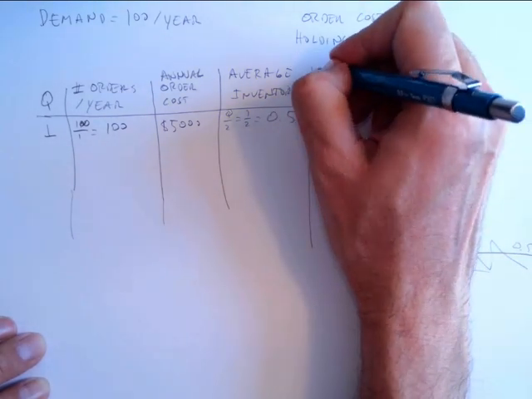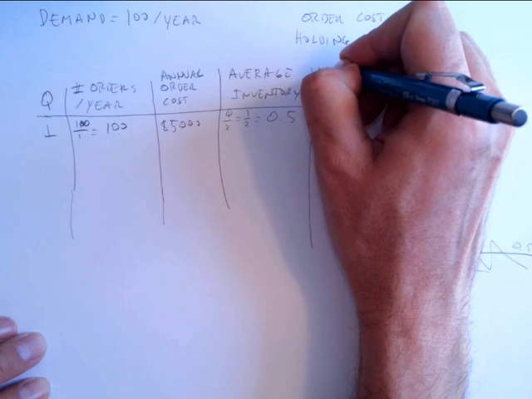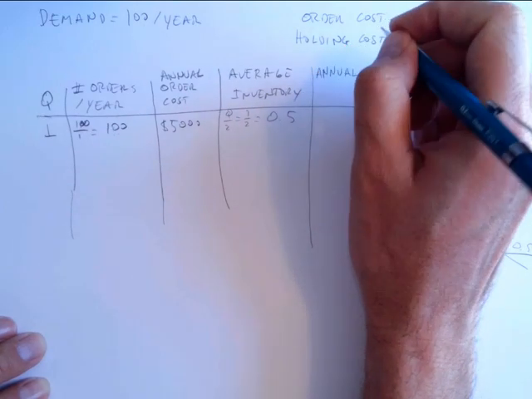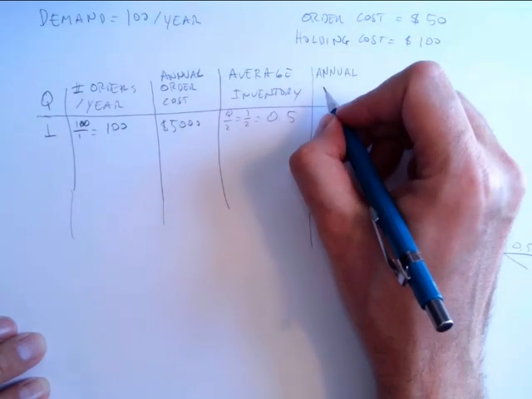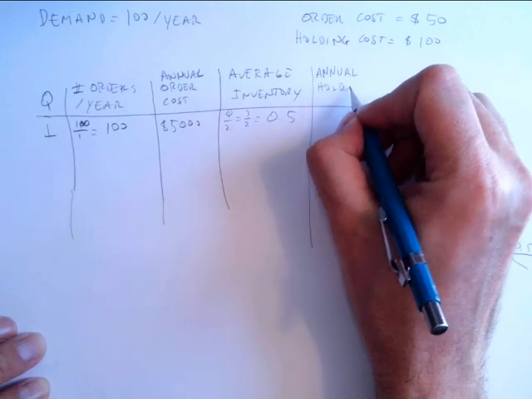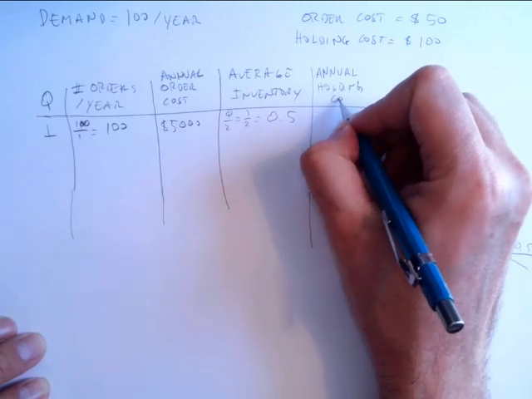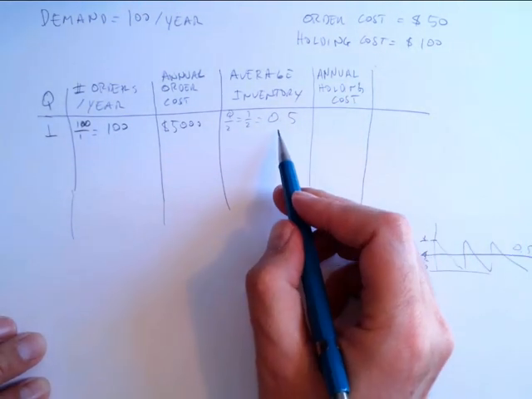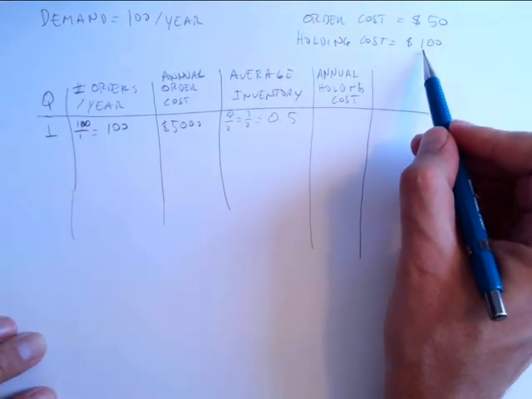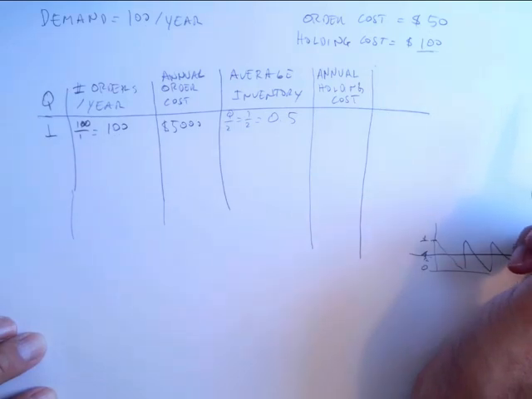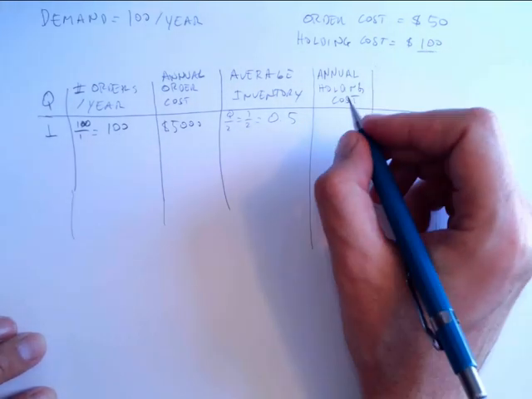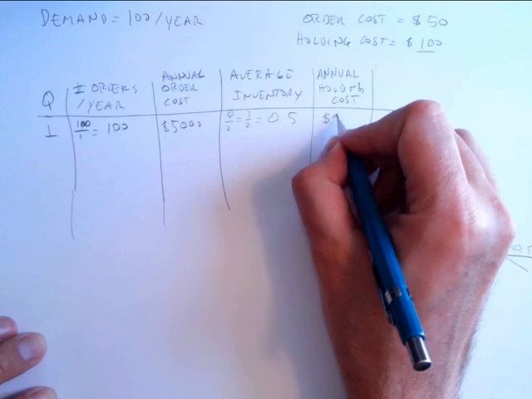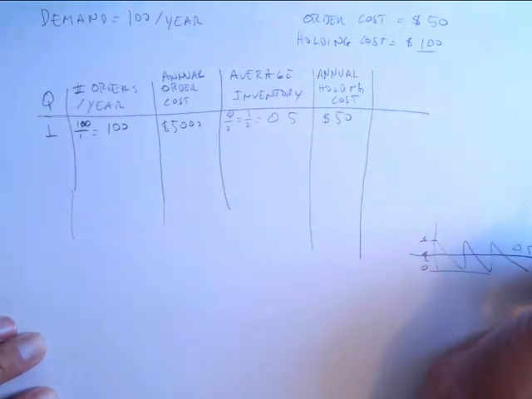Now, what is my annual holding cost? If I have on average 0.5, and every unit costs $100 to stay in inventory, then 0.5 times $100 is $50.